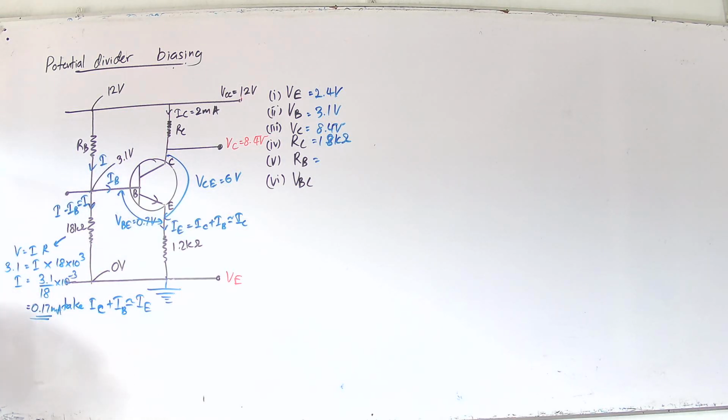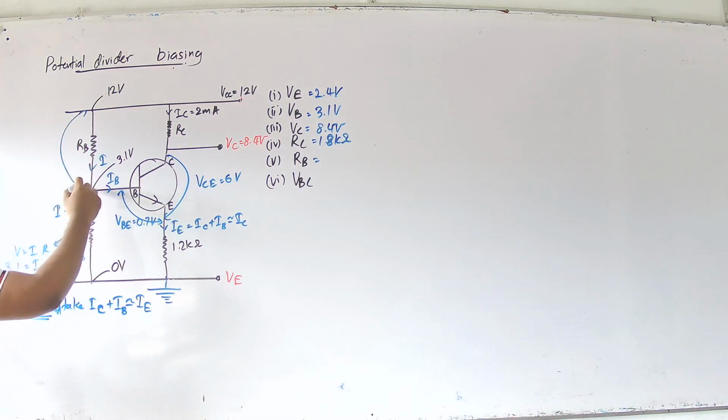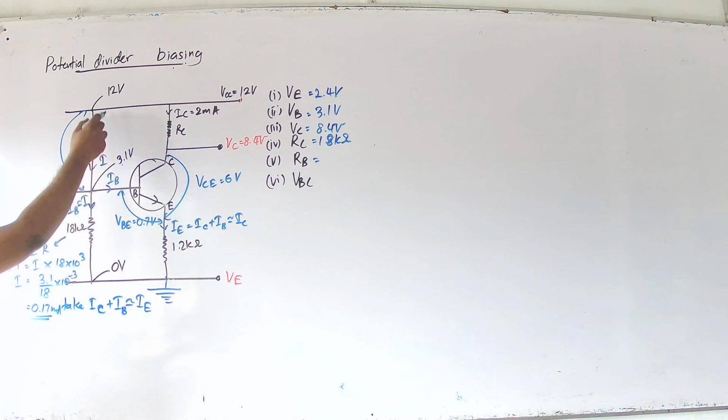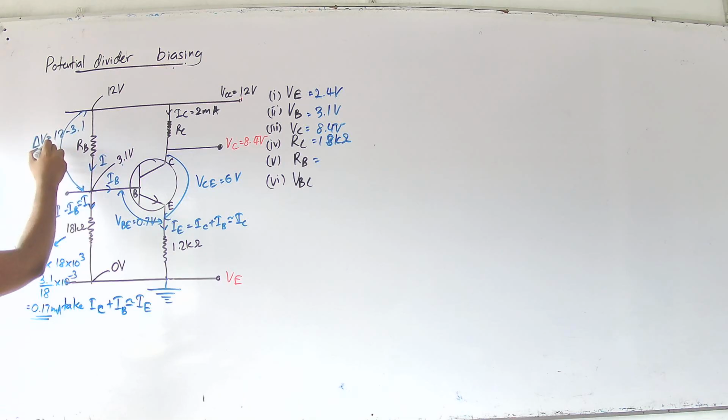So then we have to apply V equals IR to this. So what is the potential? 3.1 and 12 volts. So the delta equals 12 minus 3.1. That means 8.9.